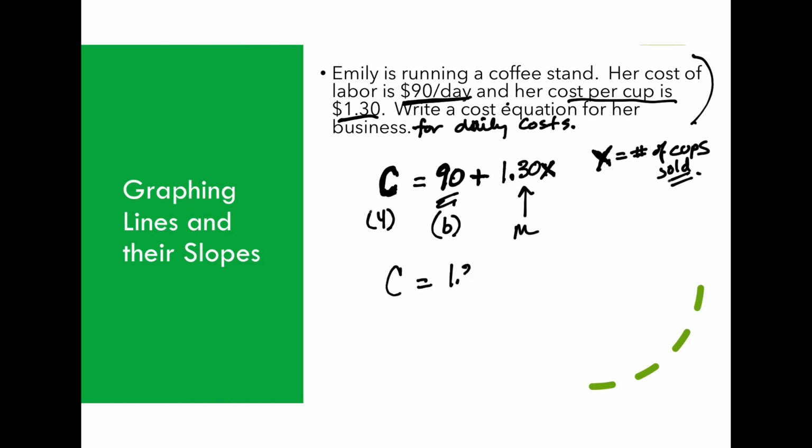Whether I write it as 1.30 times X plus 90 or the other way around, it's the same equation. My slope is always the number in front of X, not necessarily the number that's written first, right? Here I have the 90 written first, but it doesn't have the X with it, so it's still the Y-intercept.